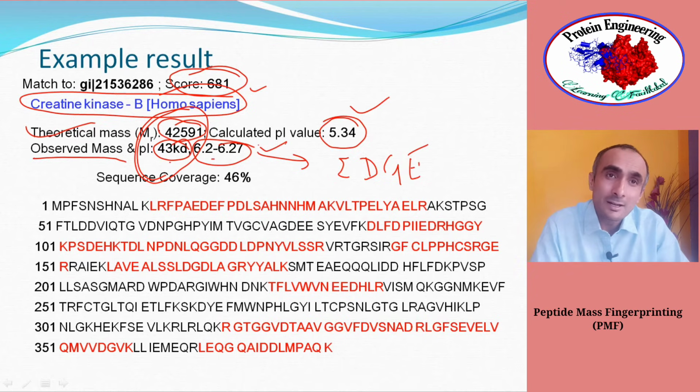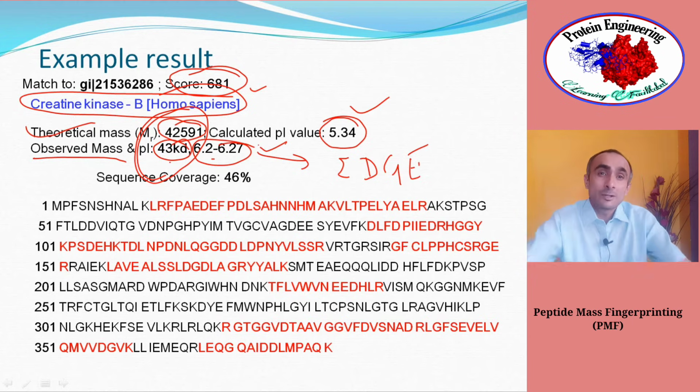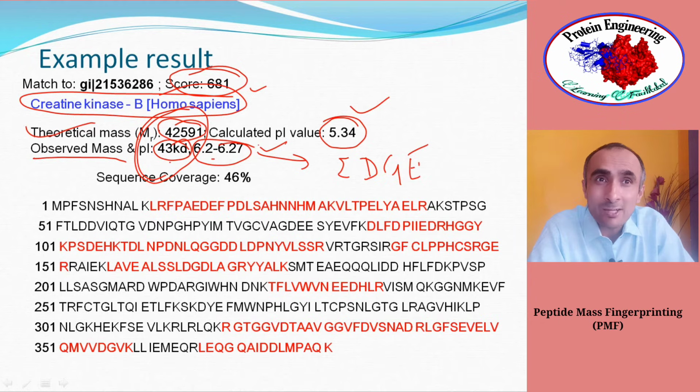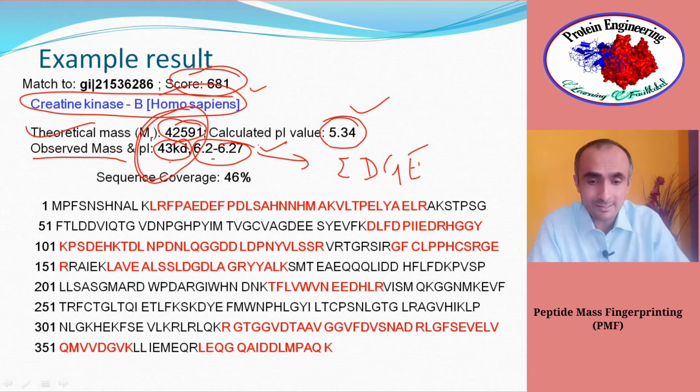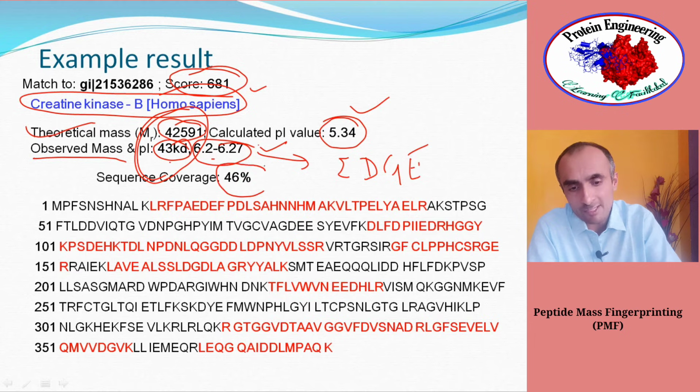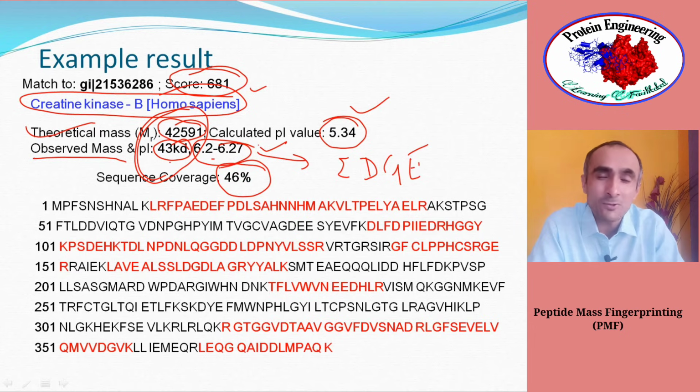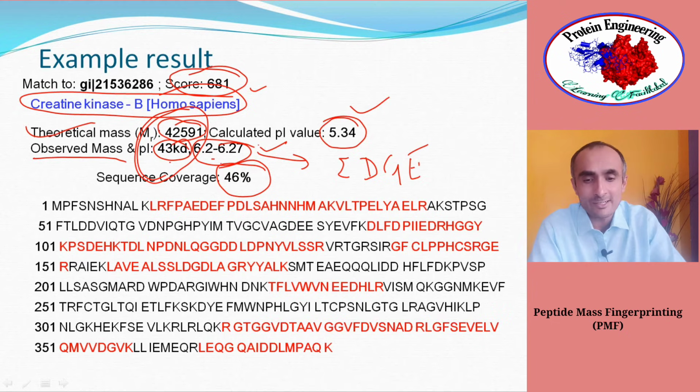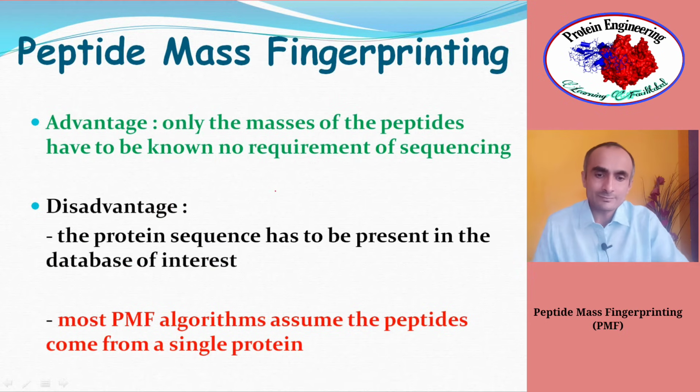That's because mass doesn't change much. Only the pI can drastically change between theoretical and experimental values, which we have also discussed in an earlier lecture. And the sequence coverage, for example, here is shown 46%. It means out of the total number of amino acids, 46% are matched between experimental and theoretical spectra.